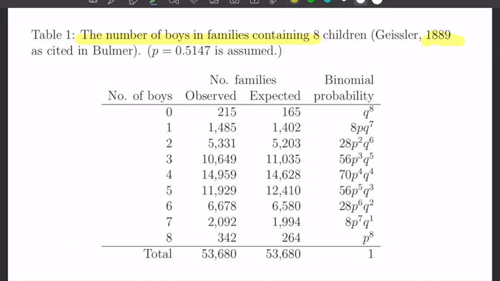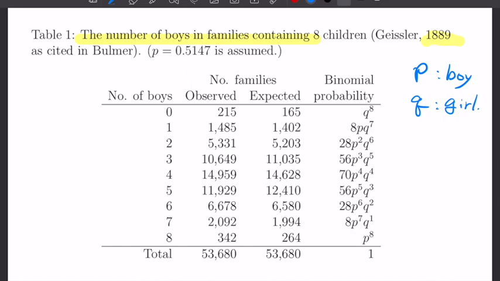Each child is either a boy or a girl. So the probability that any child is a boy is given by P. And the probability that a child is a girl is Q. Okay. So the total number of boys follows a binomial distribution.